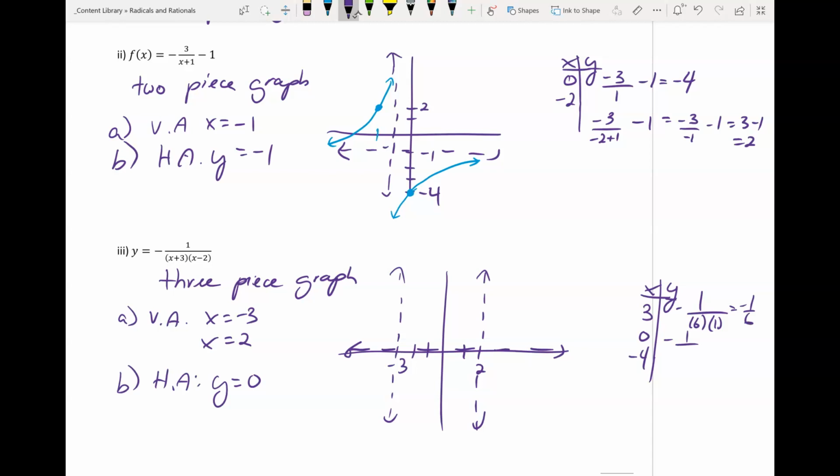Then we're going to have 3 times -2, which is +1/6. Then lastly, we're going to have -4 plus 3, which is -1. -4 minus 2 is -6. So overall we get -1/6.